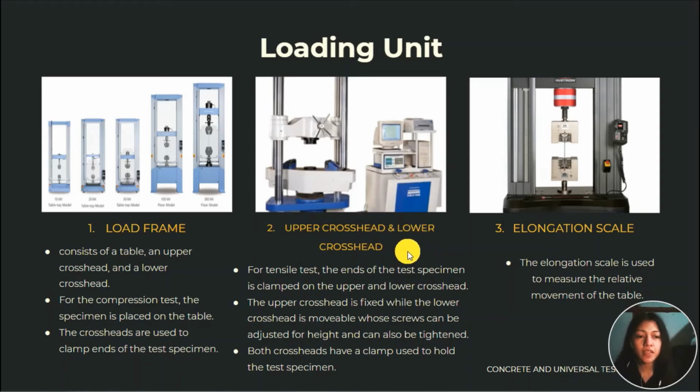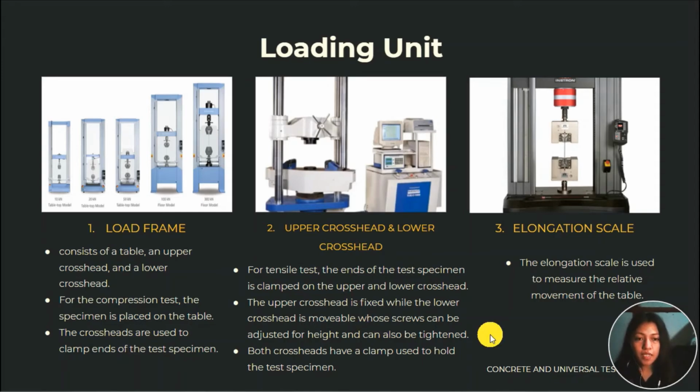Next are the upper crosshead and the lower crosshead. We use these crossheads for tensile testing. It says here, for tensile test, the ends of the test specimen are clamped on the upper and lower crosshead. So, this upper crosshead and lower crosshead have jaws to hold the test specimen in place while we are conducting the tensile test.